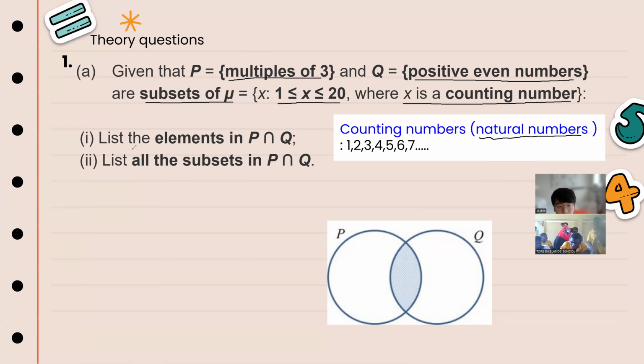Can you find the list of elements that are in P intersection Q?